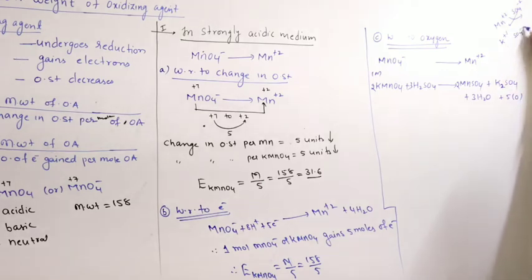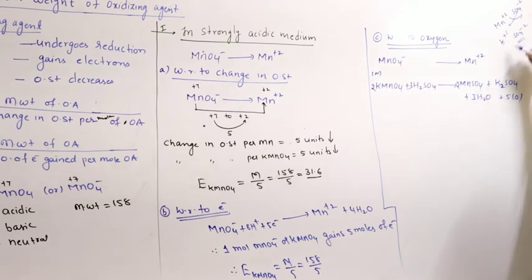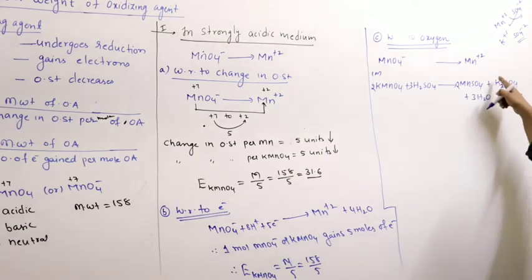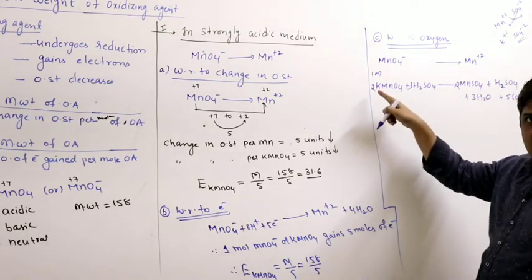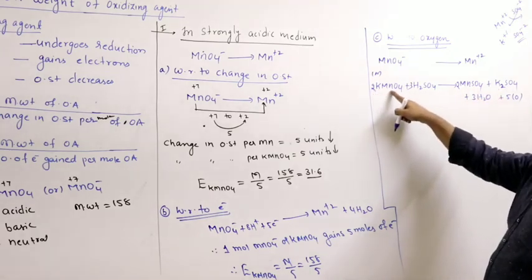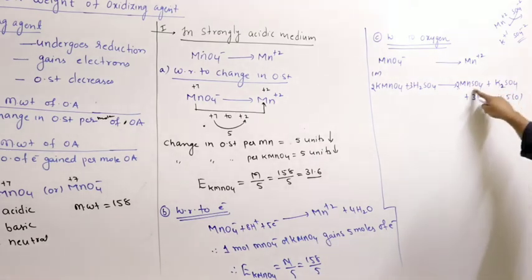The oppositely charged ion is always sulfate, because it is taken in excess. So you will get K2SO4. Count the number of sulfates. For K2SO4 you require 2 potassiums, so we have to take 2 moles, then only potassium will be balanced. 2 potassium, 2 manganese, so I am writing 2 MnSO4. Having balanced potassium and manganese, count the sulfate ions, 1 plus 2, 3.